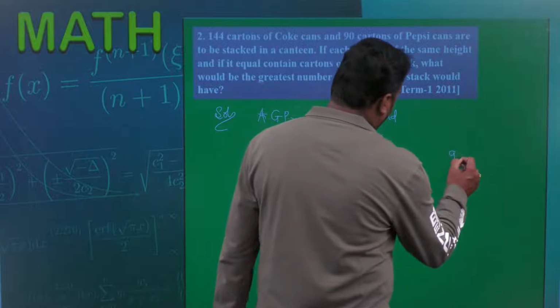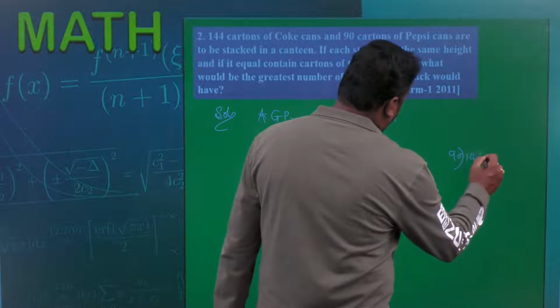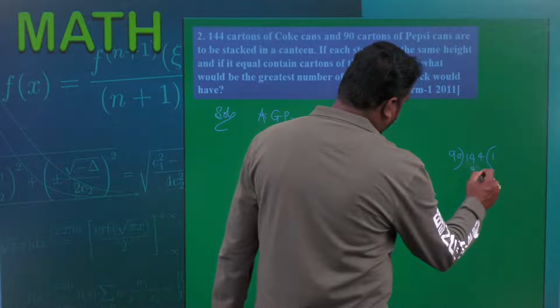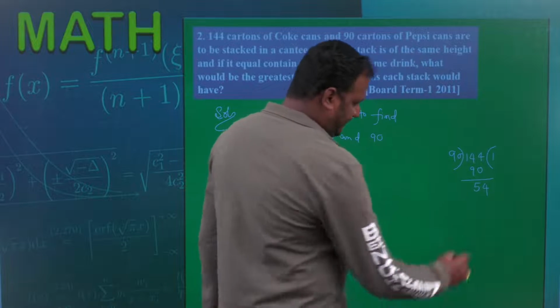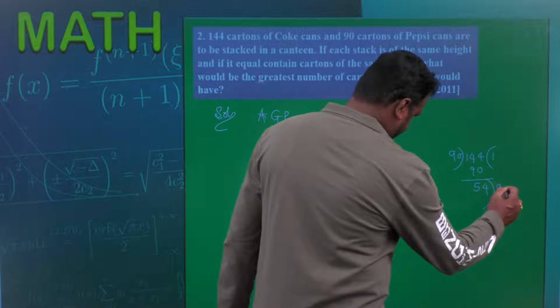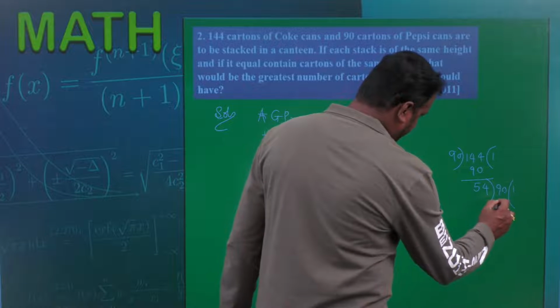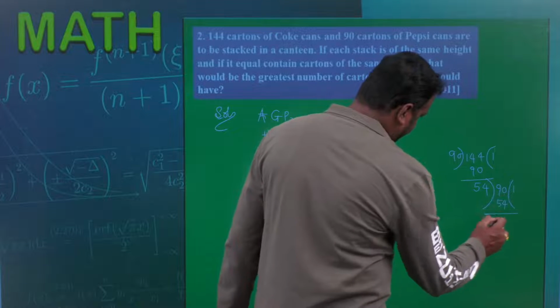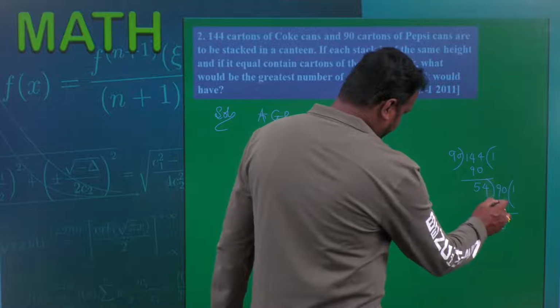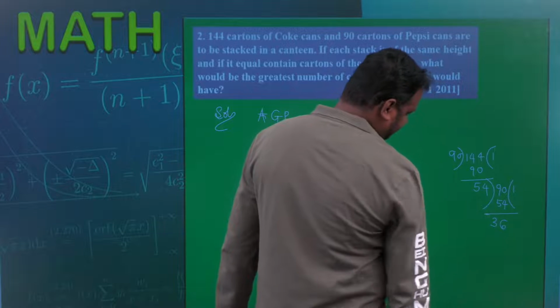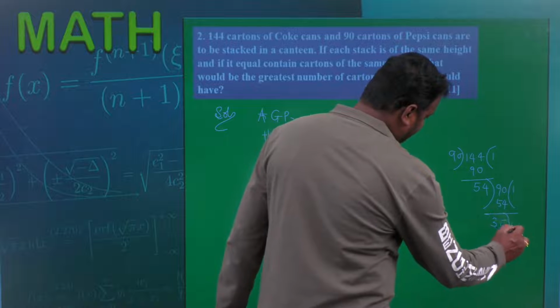I go with the short division method. 90 ones are 90, and then 54. 90, 54 ones are 54, and then what do we get? 10 minus 4 is equal to 6. 8 minus 5 is equal to 3, and then 54.